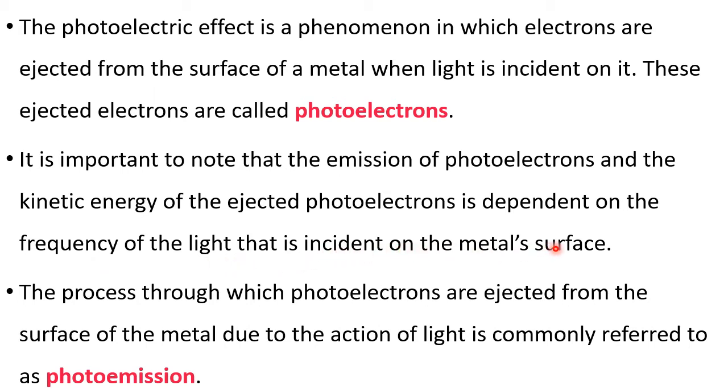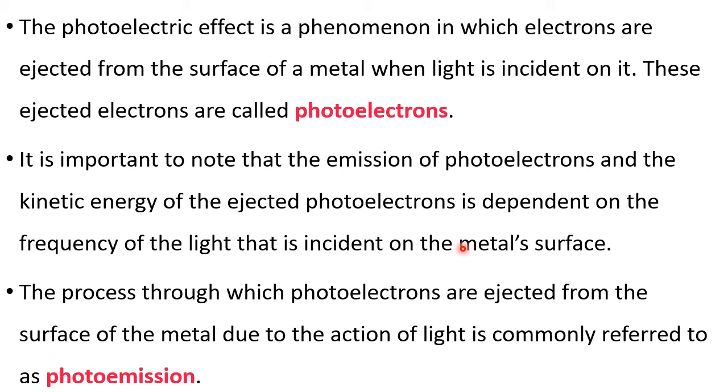That means we are allowing a ray to fall on the metal surface. So it is having some frequency. How much frequency? That frequency should be large enough. Why? Because electrons already have attraction towards the nucleus. There is an electrostatic force of attraction between the nucleus and the electron of that metal.